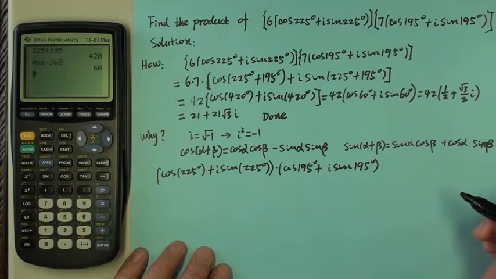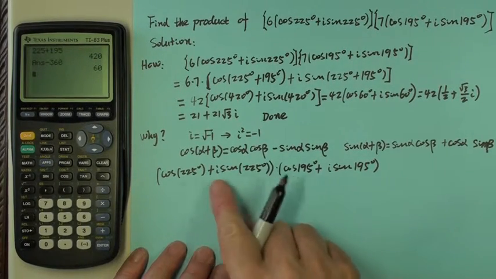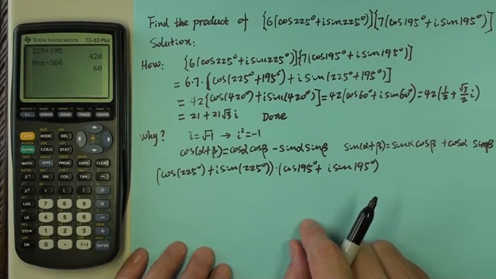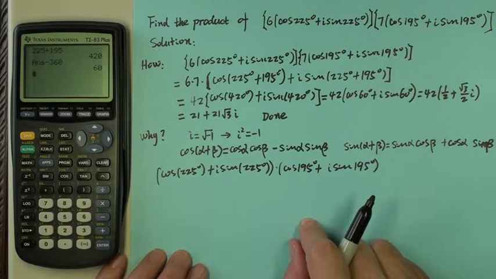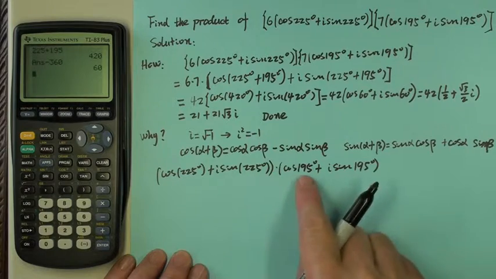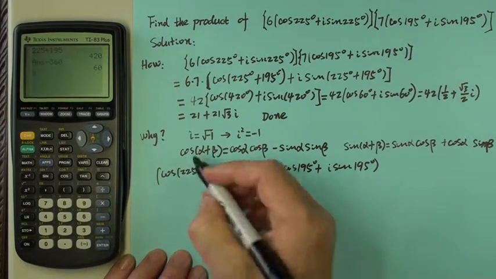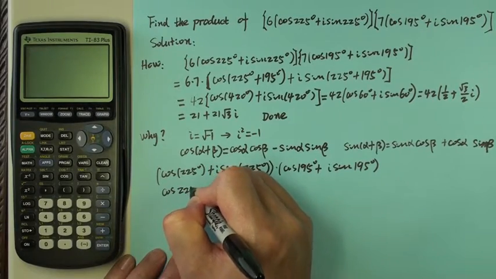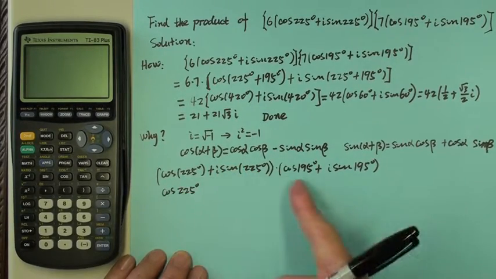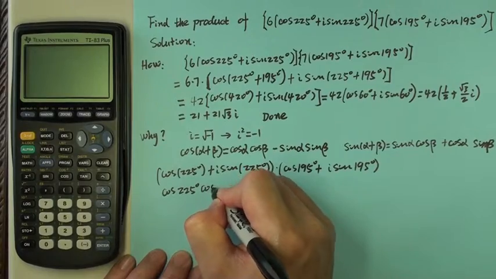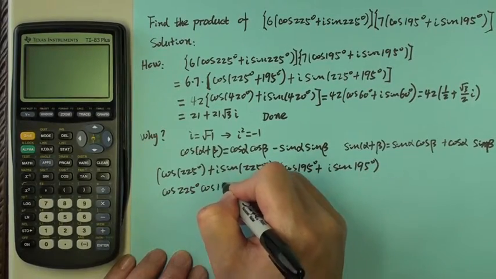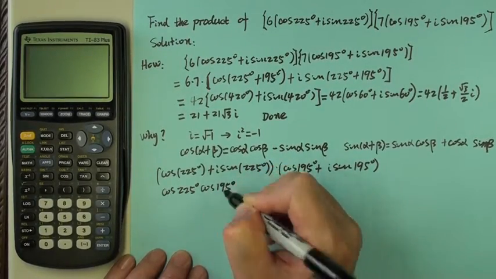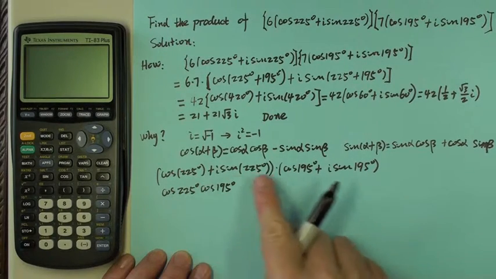Now, remember, we're going to do the FOIL method. For the FOIL method, you take the first product times the second product. So that's cosine 225 times cosine 195, cosine cosine.